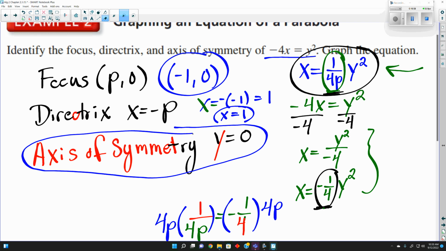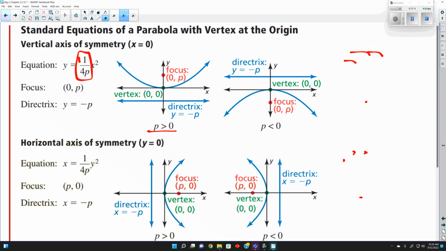I'll include that here because the vertex for both of these is the point 0, 0. So here, we kind of skimmed over it, but the vertex is at the origin. It's at 0, 0.